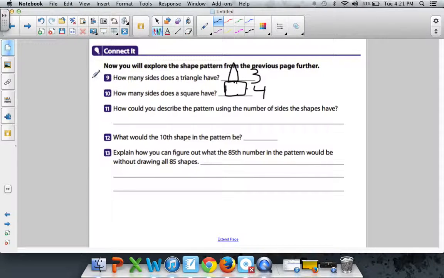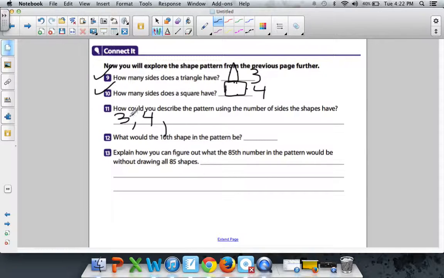So these 2 problems are easy, and they set you up for this problem that you might not understand right away. You're looking at the pattern on page 70, and you see triangle, square, triangle, square, triangle, square. And what they're asking you to do is speak of it in terms of numbers of sides. So a triangle is 3 sides, a square is 4.